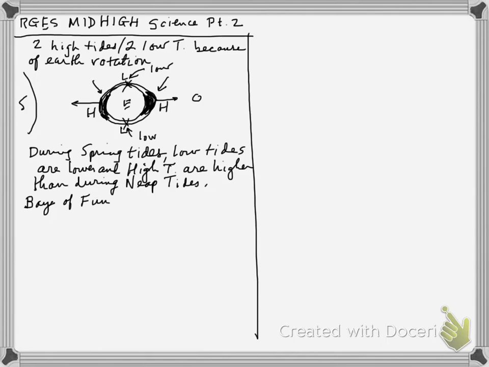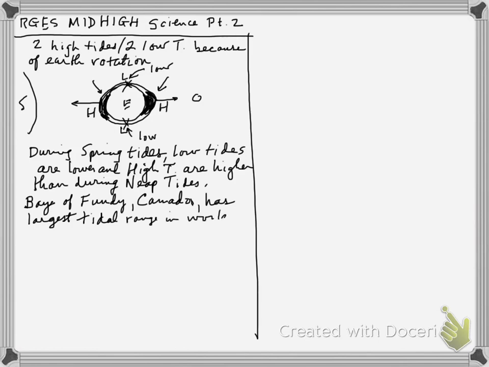I would love to visit the Bay of Fundy. It's in Canada, on the coast, over kind of near Newfoundland. So this has the highest range, has the largest, highest high tide and the lowest low tide, meaning it's got the largest tidal range in the world.